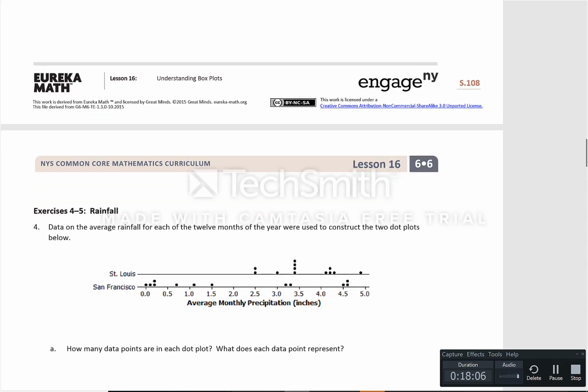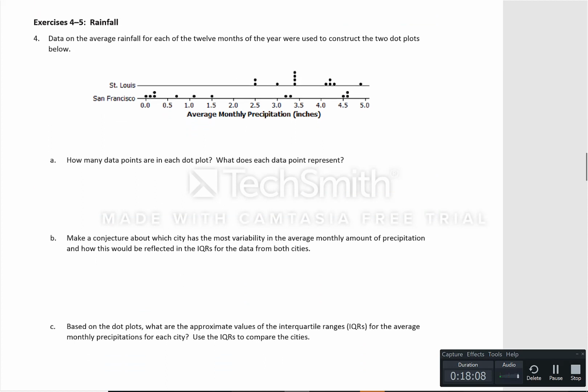Alright, exercise 4. Data on the average rainfall for each of the 12 months of the year were used to construct the 2 dot plots below. So I have a dot plot for St. Louis and a dot plot for San Francisco for rainfall. How many data points are in each dot plot? And what does each data point represent?